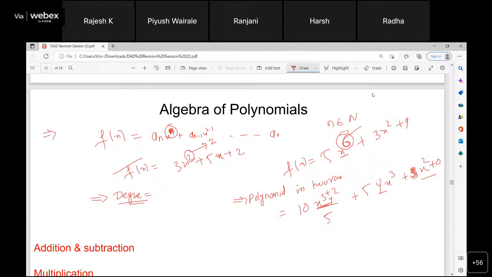In this case 1 plus 3, sorry, it is 4, and here it is 2 only, right? Here we can say y raised to power 0, so it is 2 plus 0. So the highest exponent in this expression is 5 only. So I can say the degree of this polynomial is 5. Basically it is the sum of the degrees of the variables in that particular term.